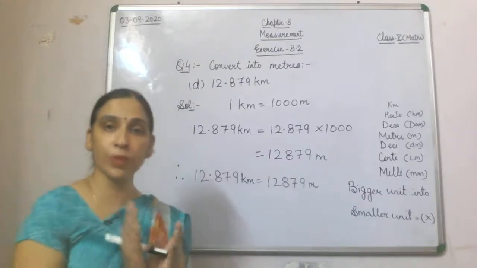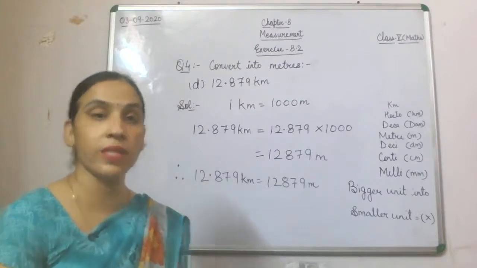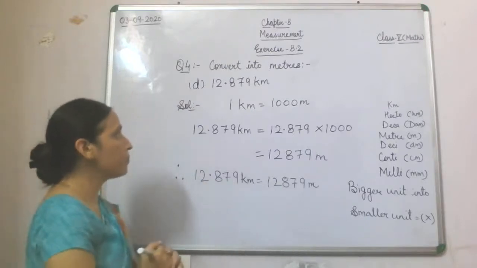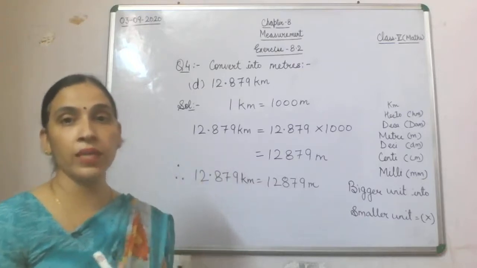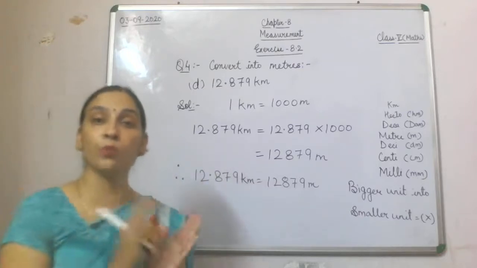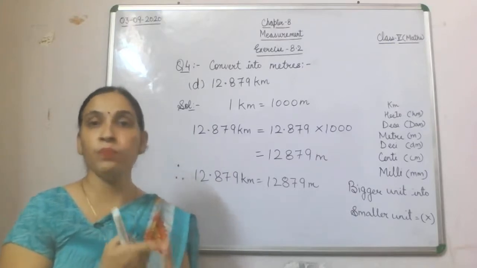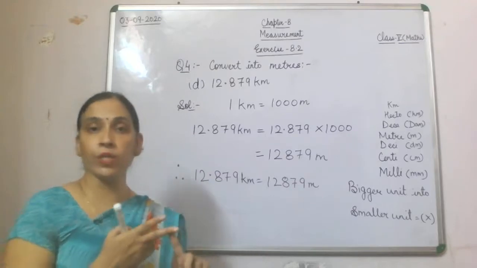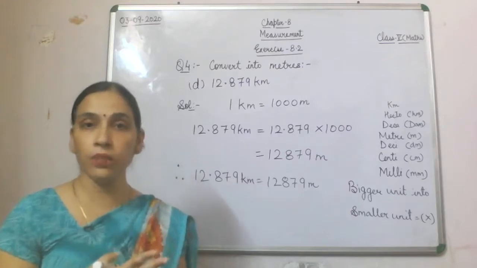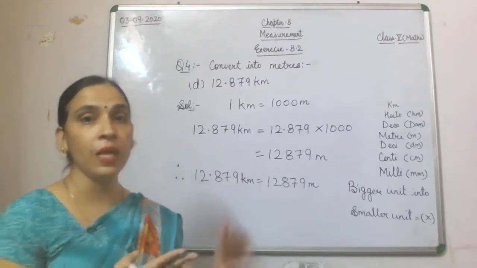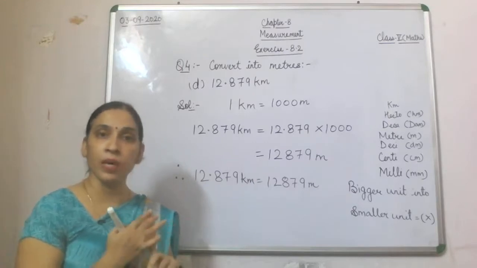That kind of question we have done in a previous exercise also, in which we were doing division. So what will we do here? Now I hope this question is clear to you all. What we have done is conversion from a bigger unit into a smaller unit. See, in the first question we converted into millimeter, in the second question into centimeter, in the third question into decimeter, and in the fourth question into meter.